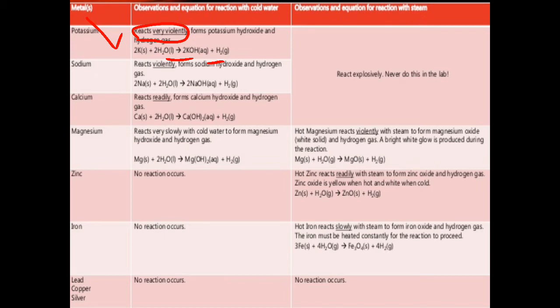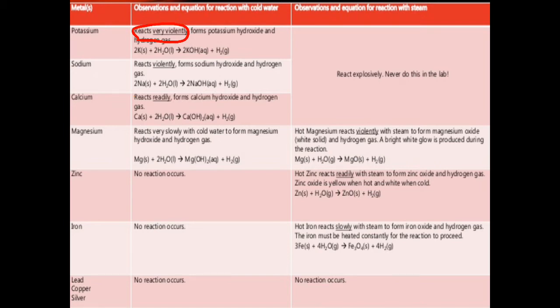Then with the second metal, sodium, the reaction is still violent, producing sodium hydroxide and hydrogen gas. We won't observe bubbling hydrogen because the reaction is so violent that the hydrogen gas catches fire. As sodium is there, it burns to give a golden yellow flame.